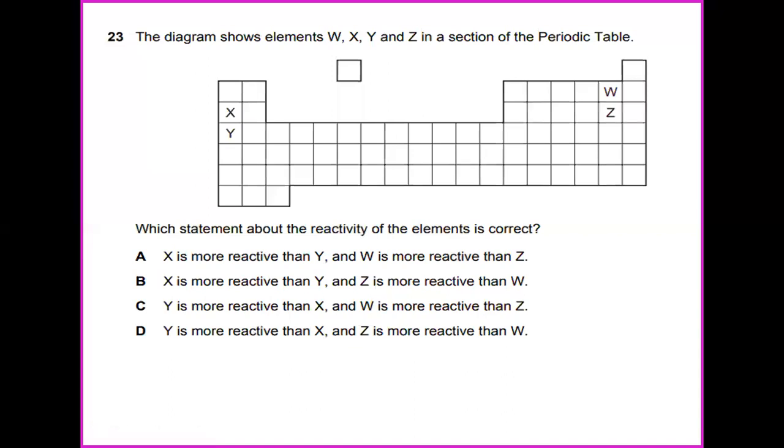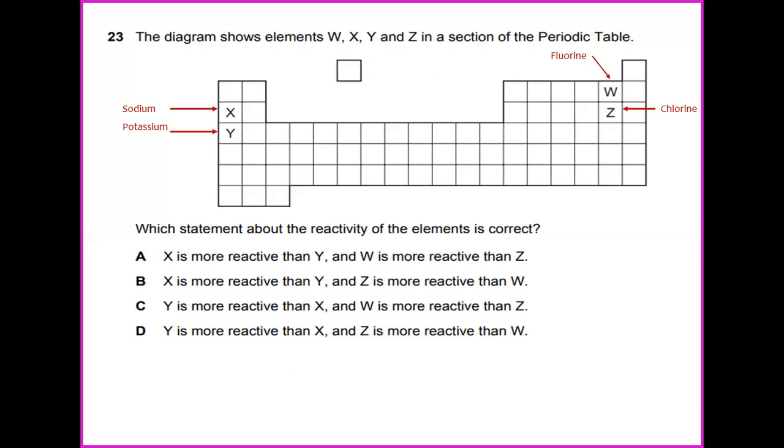Question number 23. The diagram shows elements W, X, Y, and Z in a section of the periodic table. Let's look at what the elements X, Y, W, and Z are. This question is asking which statement about the reactivity of the elements is correct.